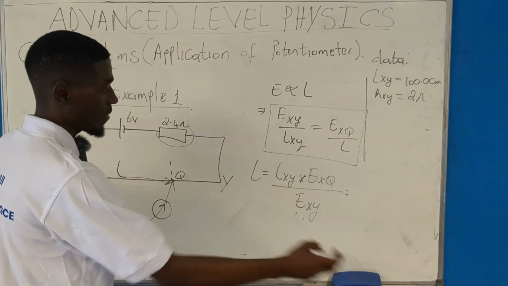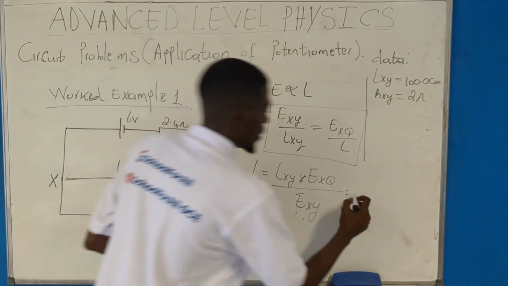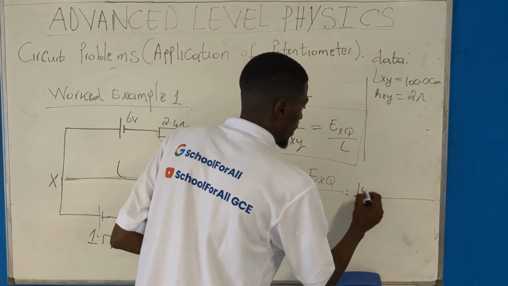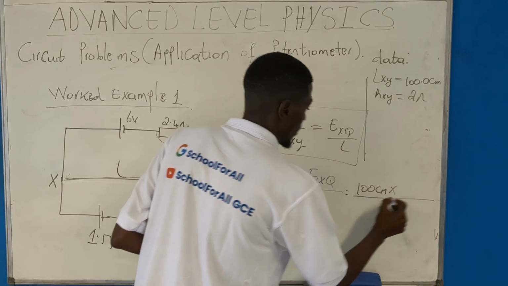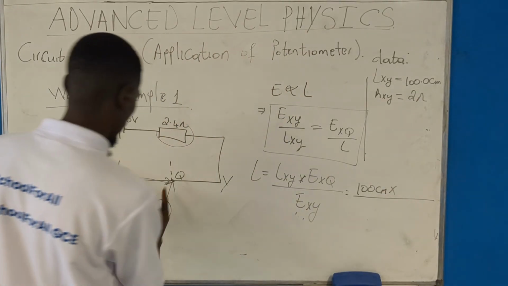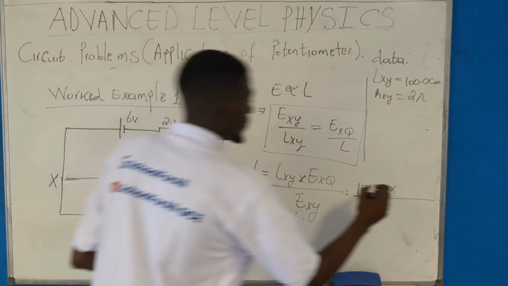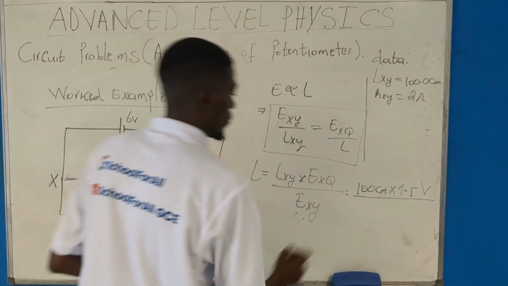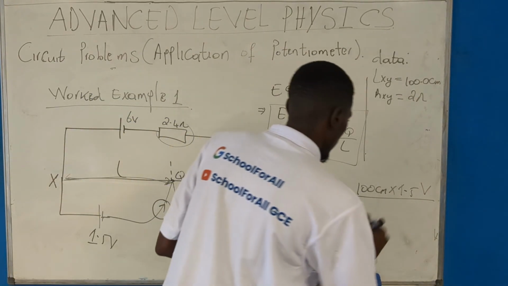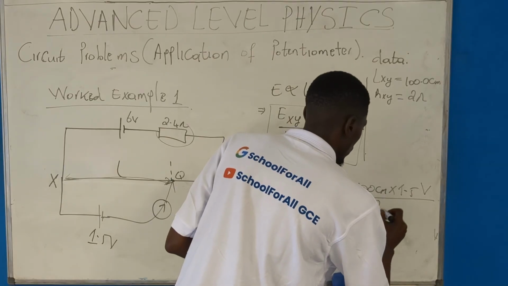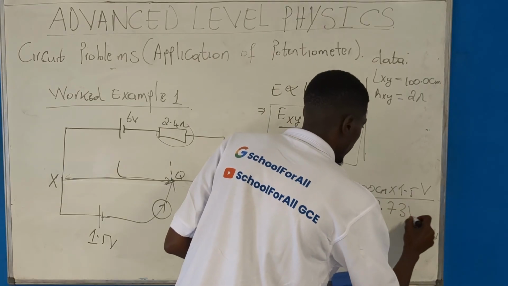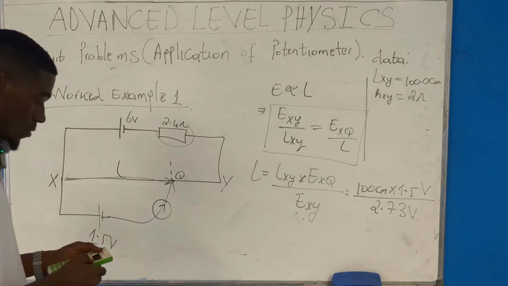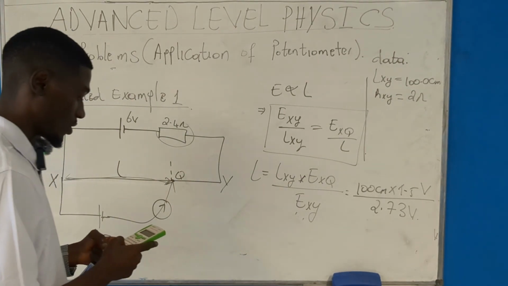Okay, so after finding EXY, we now replace it in our formula. LXY is 100 centimeters times EXQ, which is 1.5 volts, divided by EXY, which we just calculated as 2.7 volts. So let us apply the numerical application.